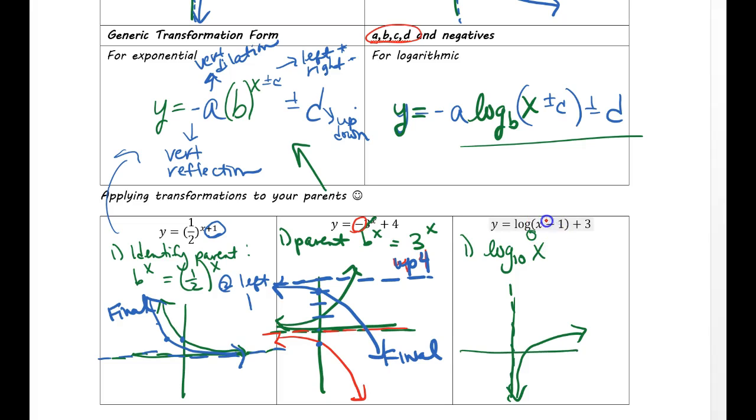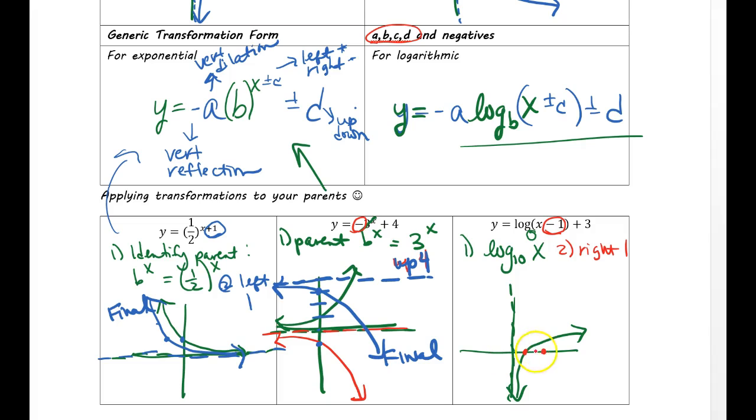So let me look at this, okay? The next thing I see is a -1, and it's inside the parentheses. So if we look up here, that means it's the C, and the C, just like over here, controls left and right. So this one's going to go to the right 1. So my step number 2 can be right 1. So let me move this guy to the right.